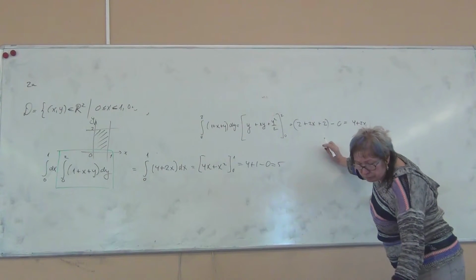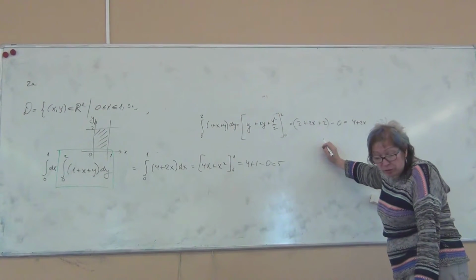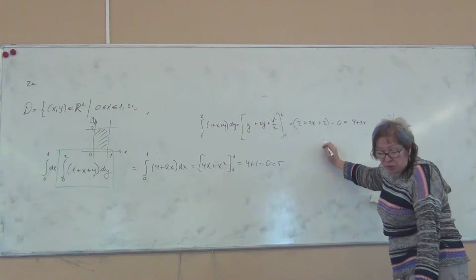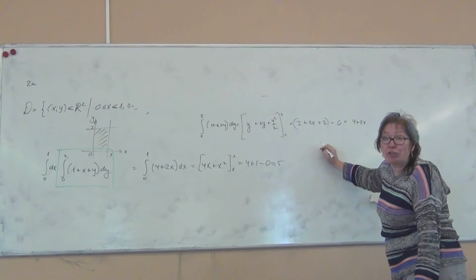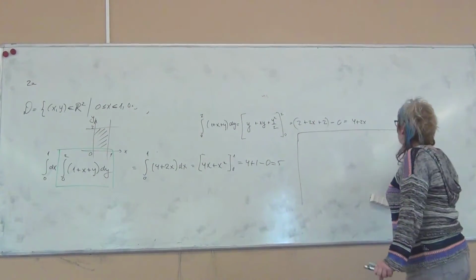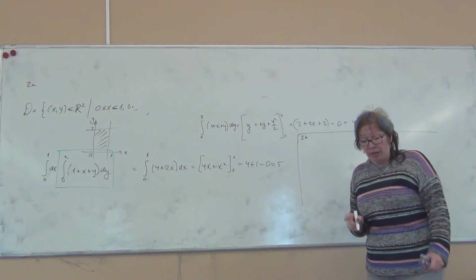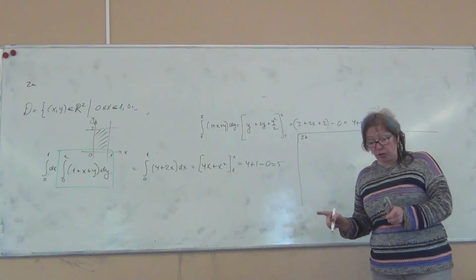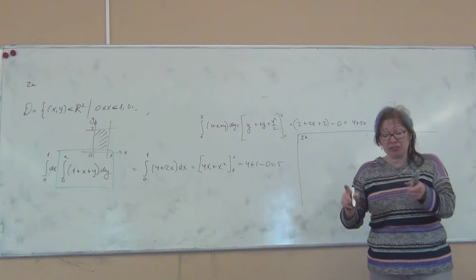2b has exactly the same boundaries of integration. The one thing that's different is the integrand, the function. If we compare 2b to 2a, the region of integration is exactly the same.